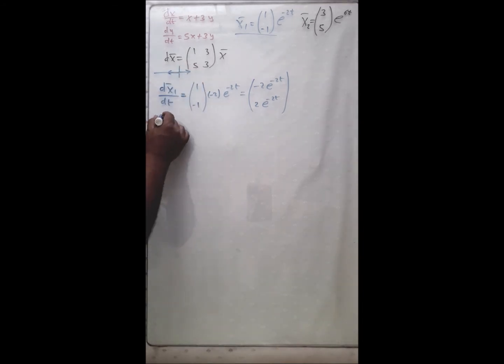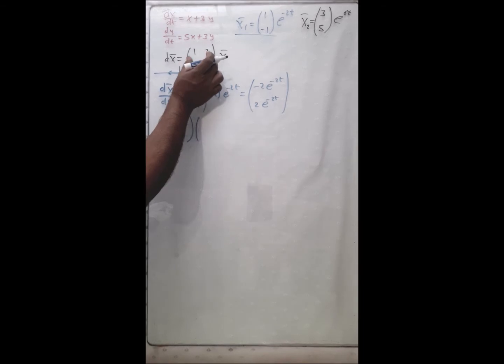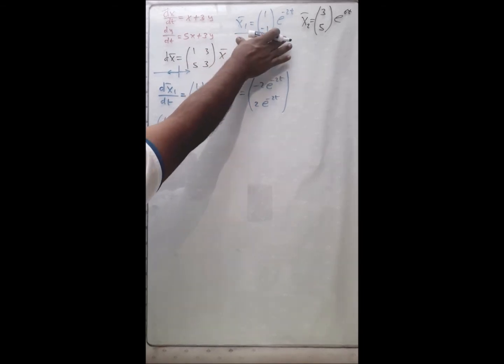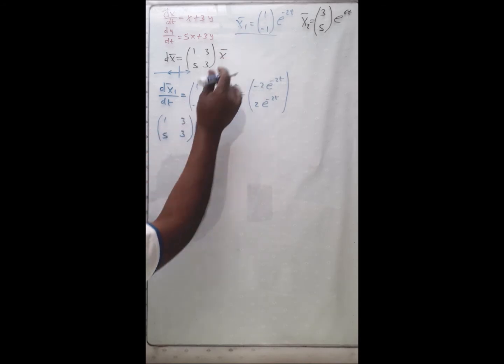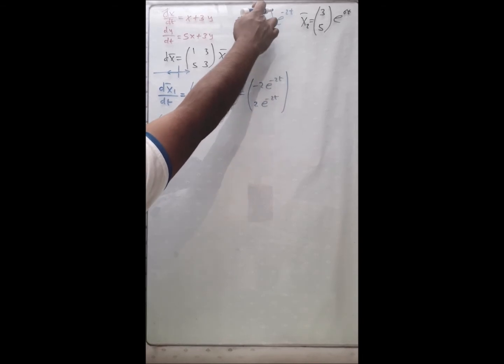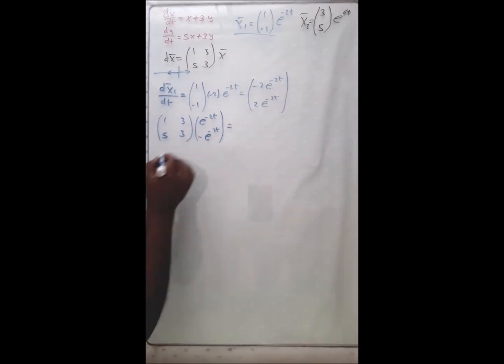On the right operation, what we have is 1, 3, 5, and 3, the A matrix, times the x vector, which is the proposed solution. So it's going to be exponential of minus 2t, and if we introduce the exponential inside the vector, minus exponential of minus 2t. Let's do the operations.